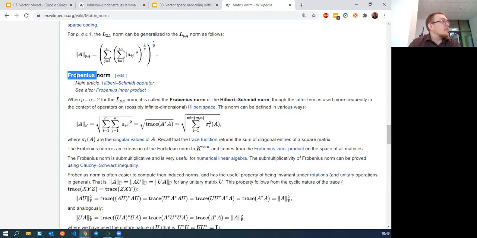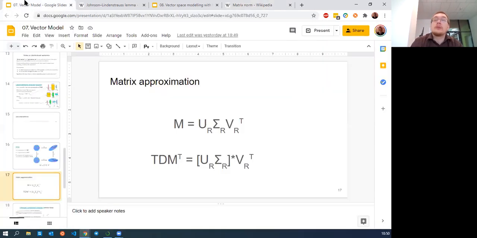Never heard it? I'm sorry. You should know the Frobenius norm. This is the way you use, for example, for bringing regularization to neural networks. If you have the distance, you compute the Frobenius norm and you want to use it for finding the error. So the Frobenius norm is just a generalization of a vector norm, just for matrices.